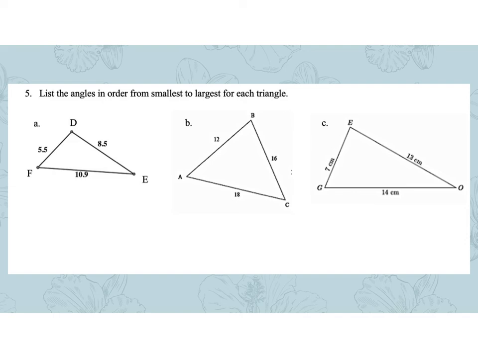Question 5 says to list the angles in order from smallest to largest for each triangle. I want to find my shortest side for A, which is 5 5/10, and draw an arrow across to the opposite angle. Angle E is my smallest angle.